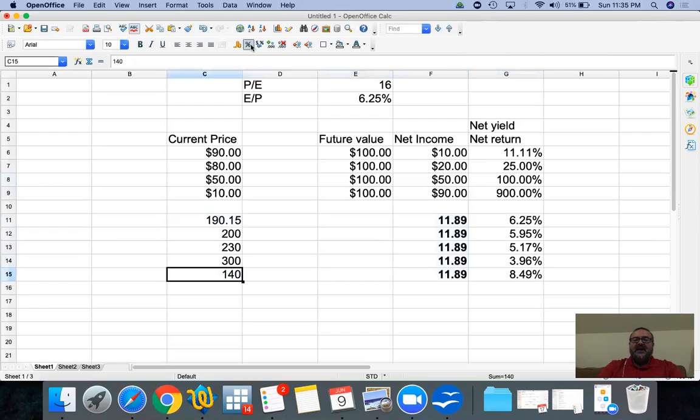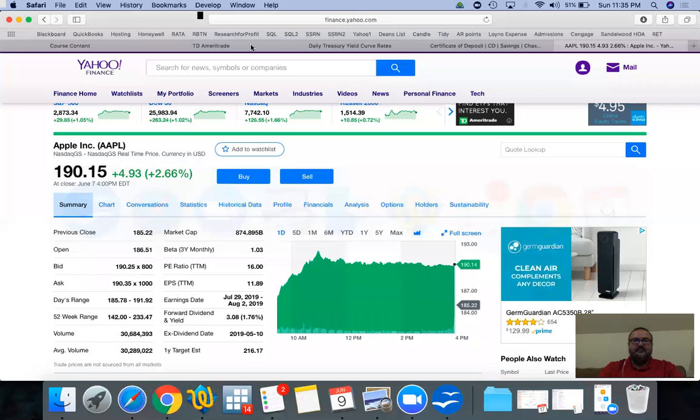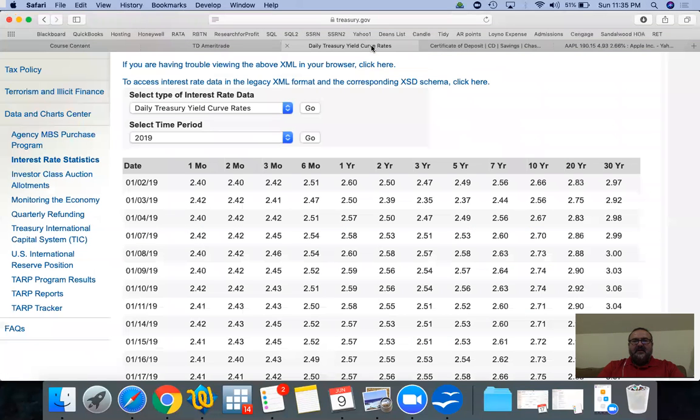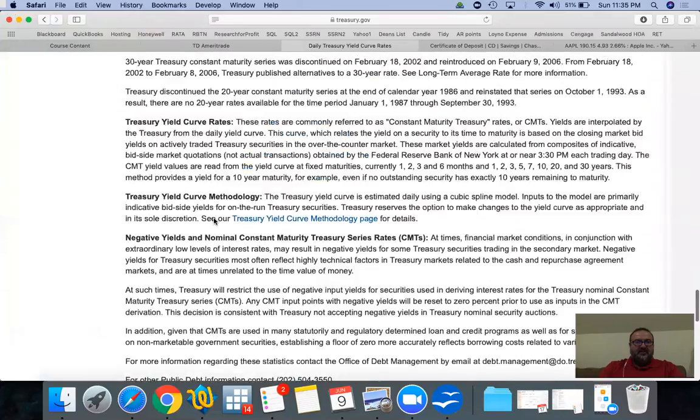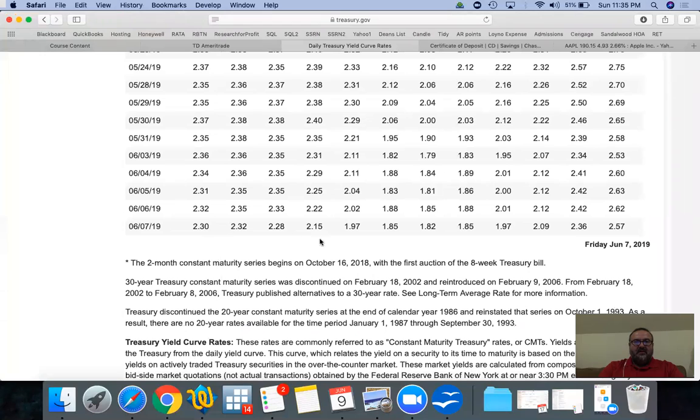So if we have an expectation that interest rates are going to go up, meaning the alternative cost of investment is going to go up, what should we do with respect to our stocks? So let's take a look. If you look at the daily curve, as of today it's 2.31 for one month, and then somewhere around 2% for a year.